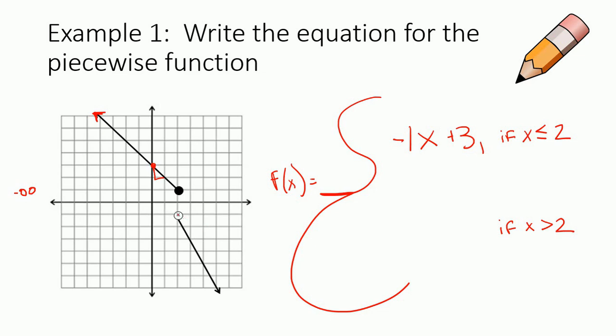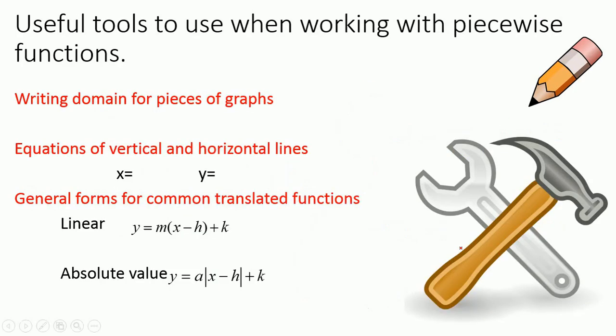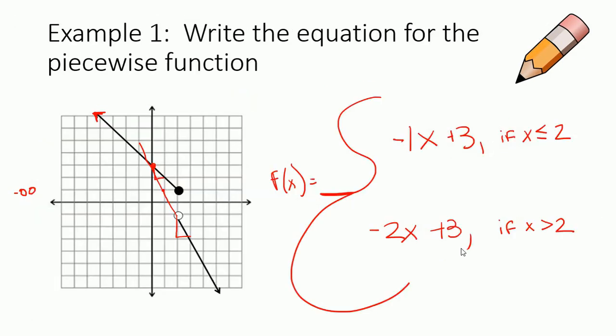If I were to extend this, it looks like my slope is -2, right? Because down 2 over 1. So I know I'm going -2x. Let's see here. I'm going to go up 2 over 1. That'll be my new part. Up 2 over 1 right there. So it looks like it's +3 as well. Whoops.